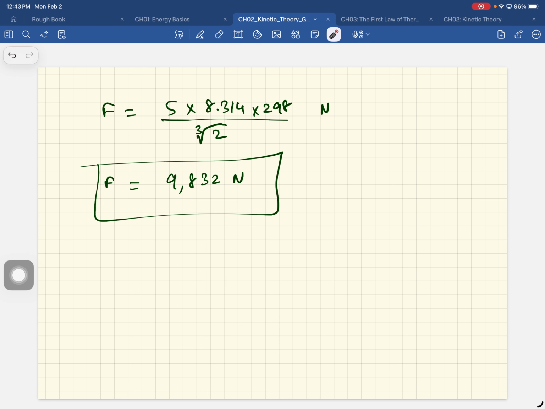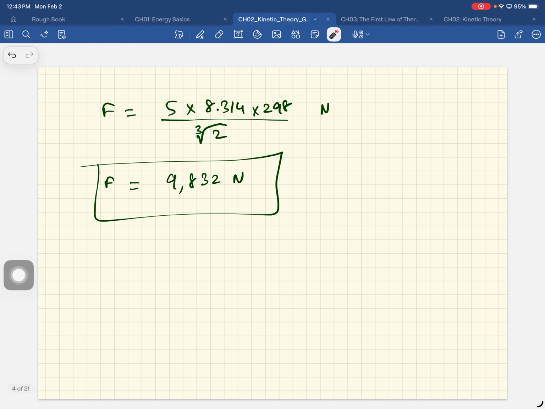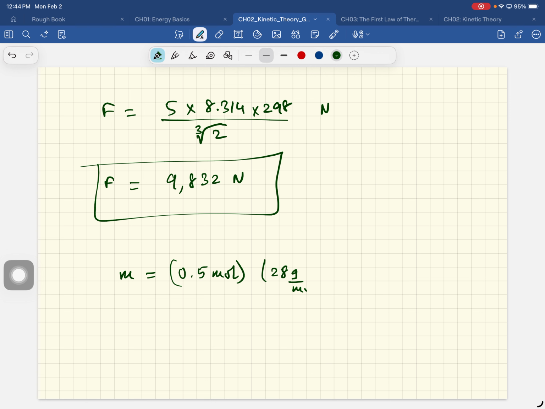Okay. All right, now let's compare that to the weight of the sample itself. So what is the weight of nitrogen? So you have mg, well, we'll first calculate the mass. The mass is, you have half a mole, and this is nitrogen gas, and the molecular weight of nitrogen is 28 atomic units, and so 28 grams per mole. So you have 14 grams of nitrogen.